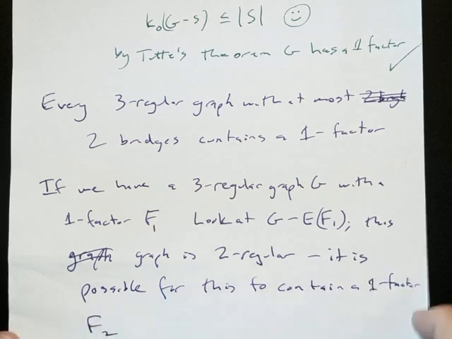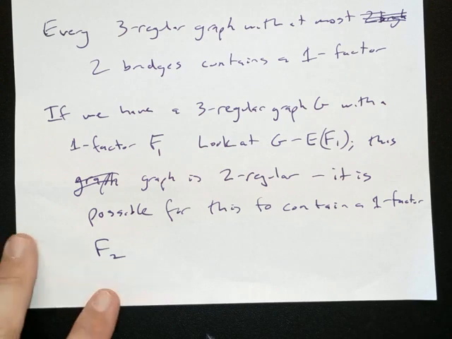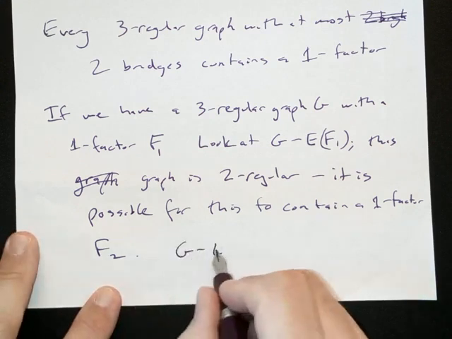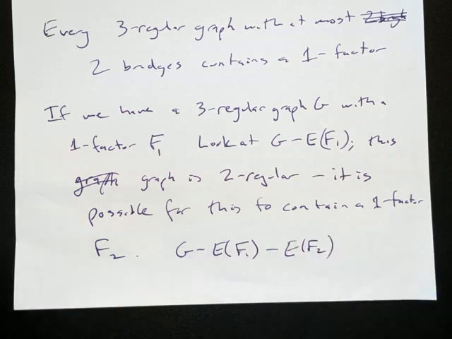Hey, wait a second. If this has a one factor, F2, what if I take away those edges? What's that graph? And every one regular graph is a perfect matching in and of itself, isn't it?